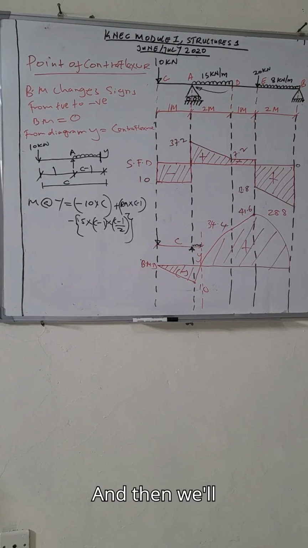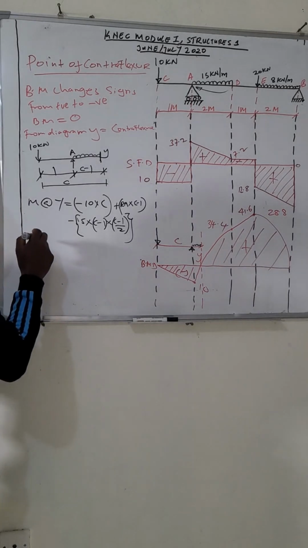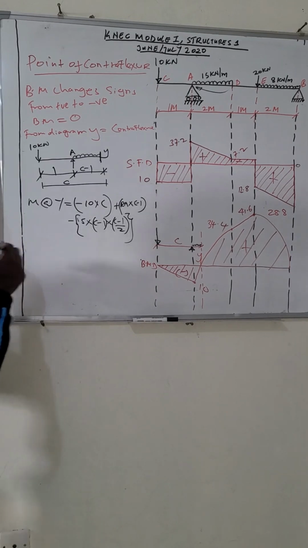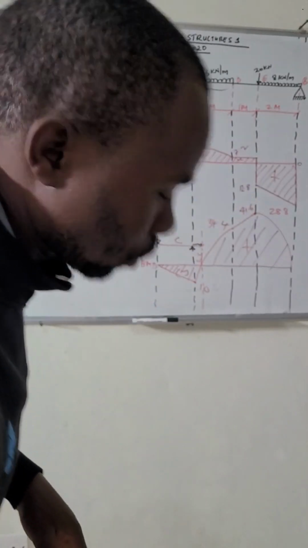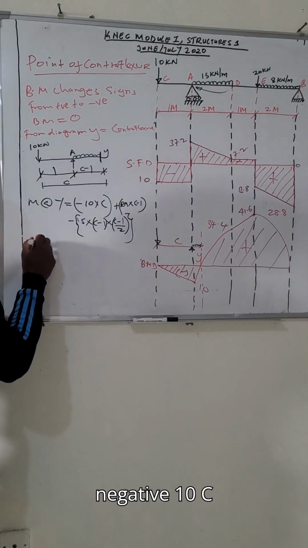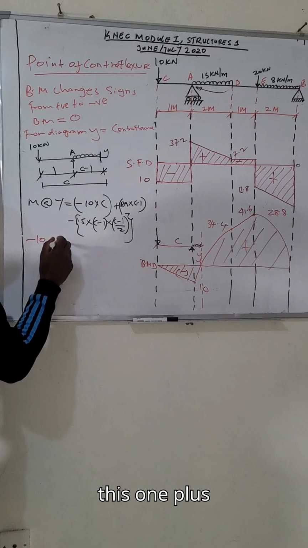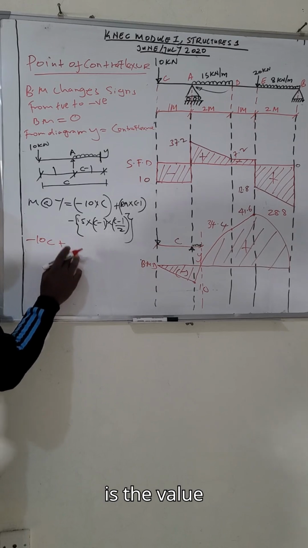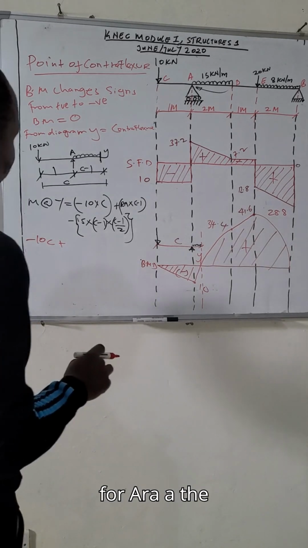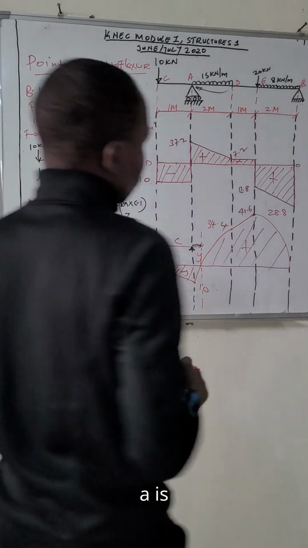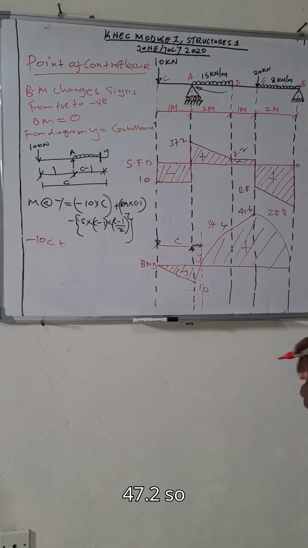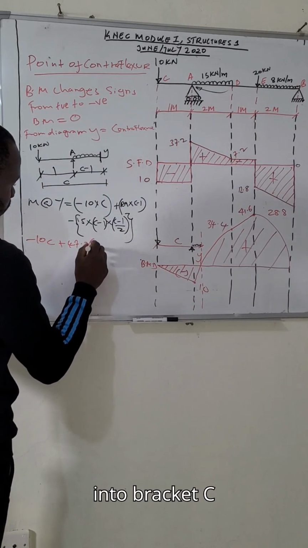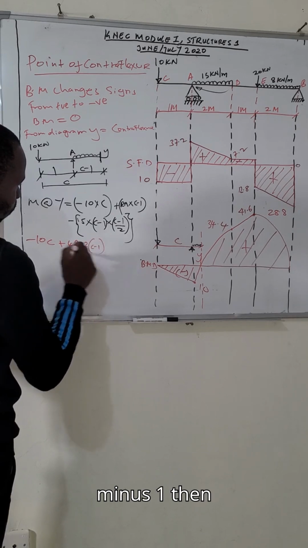And then we'll open the bracket. We have negative 10c plus RA, the value for RA is 47.2, so 47.2 into bracket c minus 1.